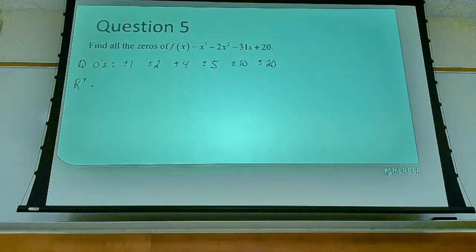Negative zeros. So let's do this first. When you replace x with negative x, what's the sign of x cubed going to be? So what's the sign of the first term?